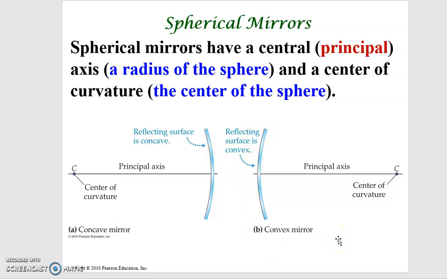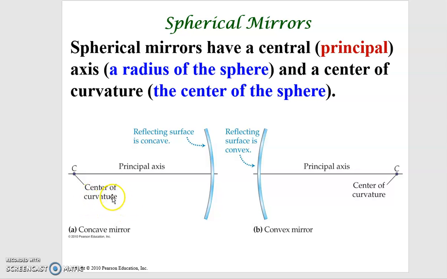But before I define more rigorously the two different types of spherical mirrors, we first have to define a very important thing, the central axis. This central axis goes from the center of the spherical surface and reaches to the center of curvature.